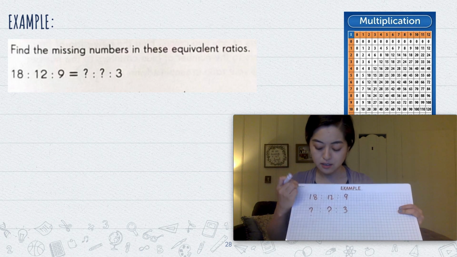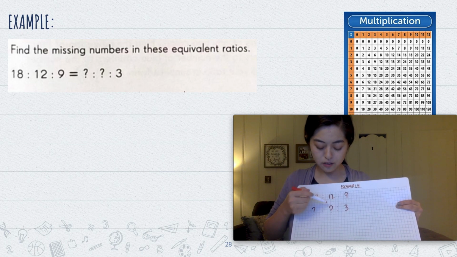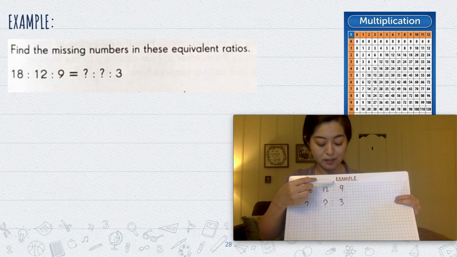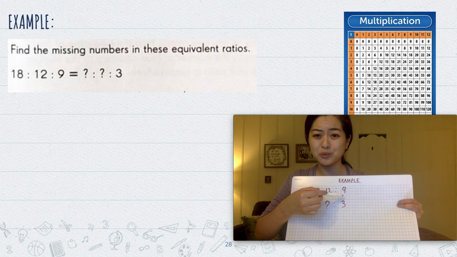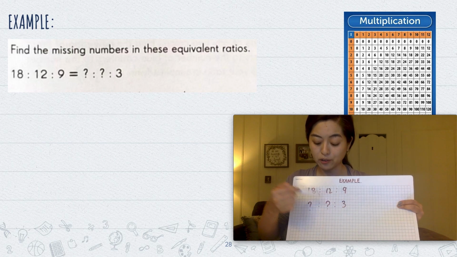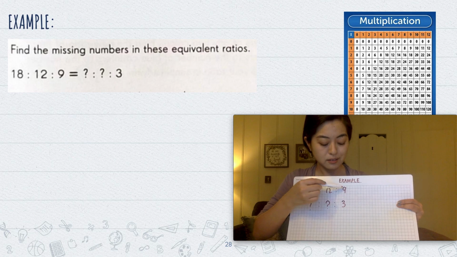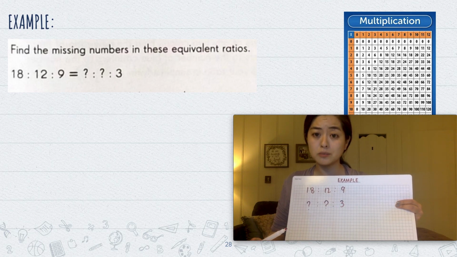And let's see. In the first terms, I have one unknown. In the second terms, I have one unknown. In the third terms, ooh, they give me both values. So I'm going to use this as a clue to what to do to my other terms. Okay. So 9 to 3. From 9 to 3, did it get bigger or smaller?